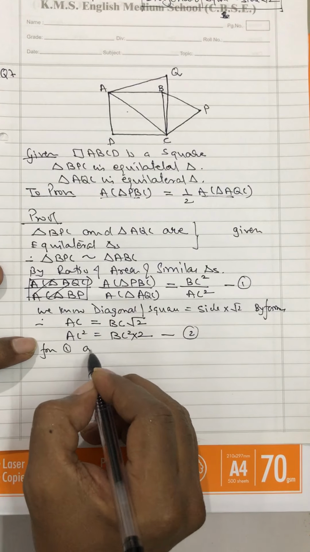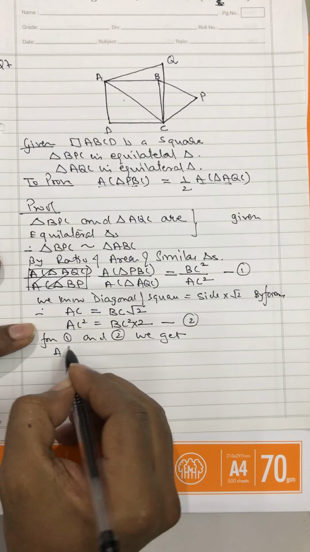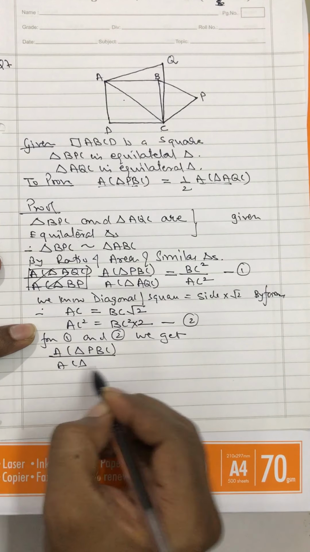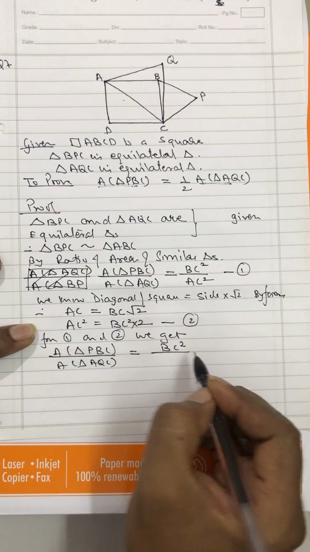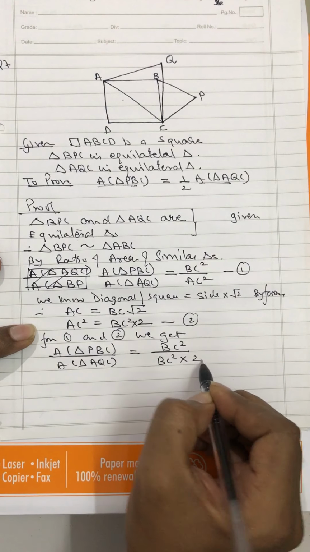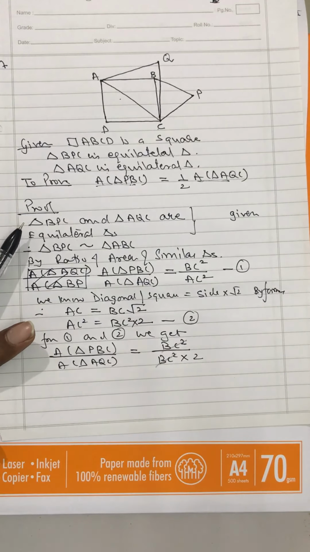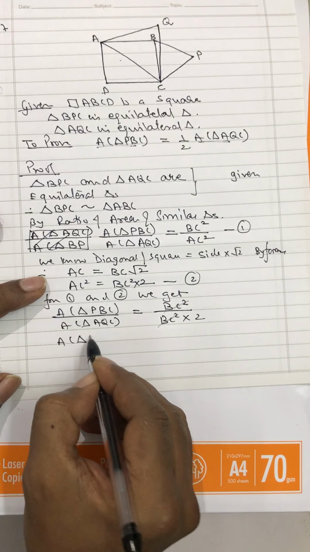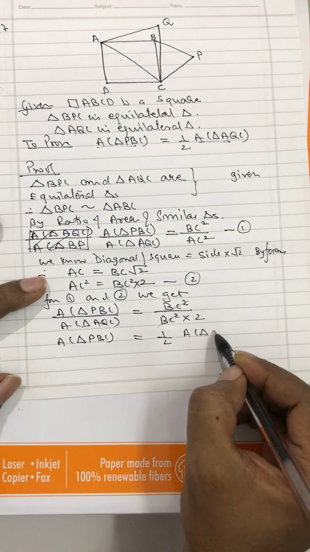Fine. So from 1 and 2 we get: area of triangle PBC upon area of triangle AQC is equal to BC square. Instead of AC square, I will write BC square into 2. Definitely now my BC square will get cancelled, and what stays back is area of triangle PBC is equal to half area of triangle AQC.